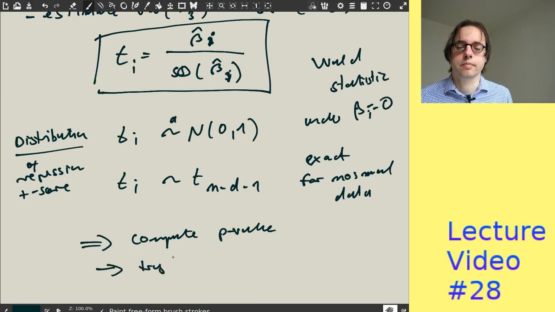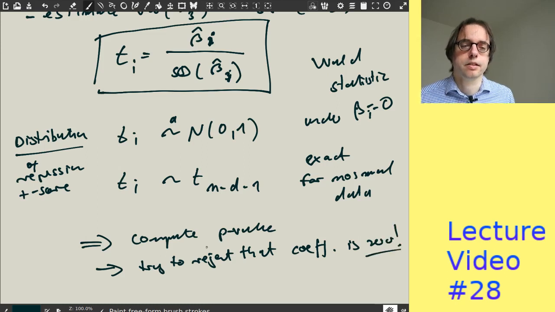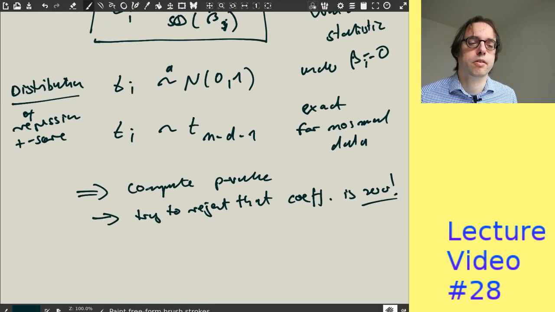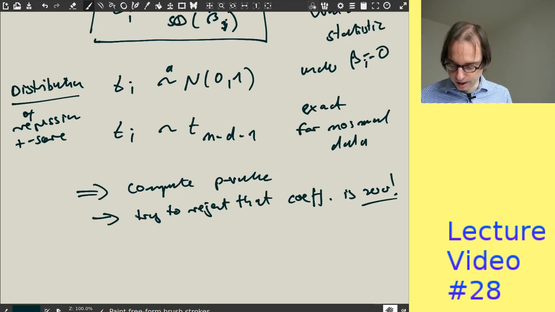So that's how this regression t-score works. So of course we can also use the regression t-scores to rank the predictors.